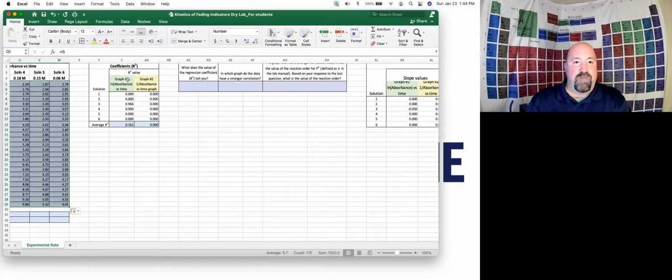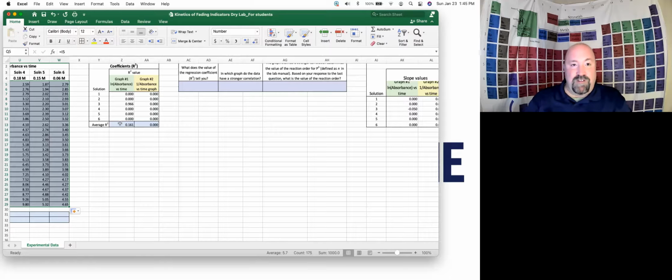And so you'll have your average R squared of your natural log of absorbance versus time, and your average R squared of your 1 over absorbance versus time. Now remember that the closer R squared is to 1, the more linear that graph is. And so whichever one of these ends up having an average closest to 1, that's the one that's more linear.